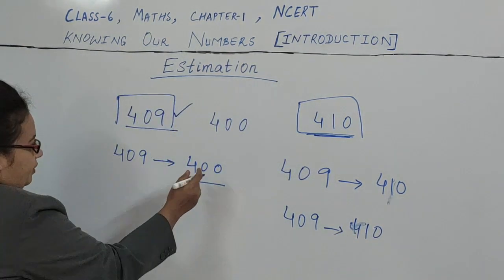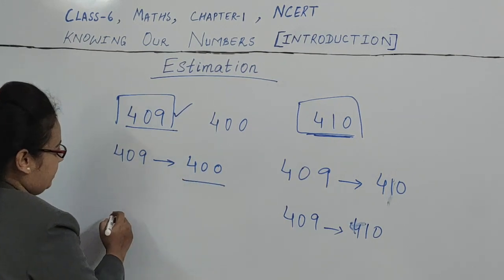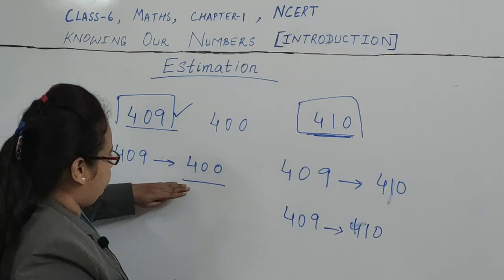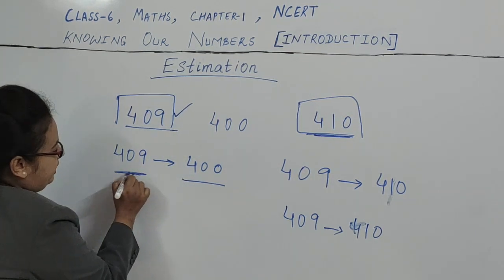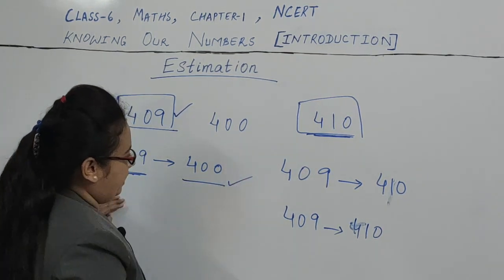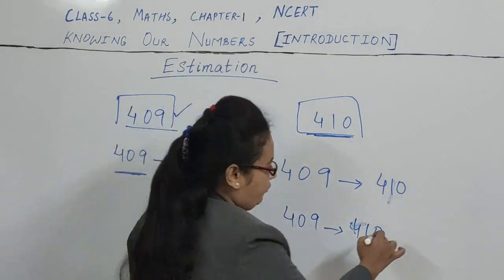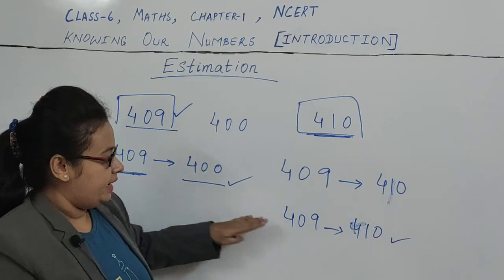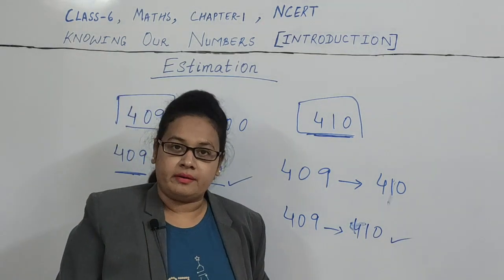And here, 409 is closer to 400, so you rounded 409 to 400. So the amount 409 is rounded off to 400 and also 409 is rounded off to 410. The same number is rounded off in two different ways.